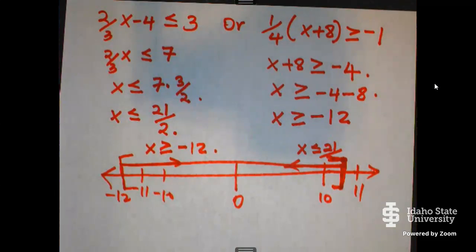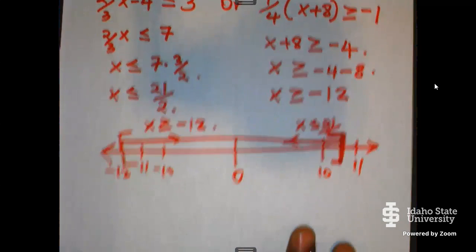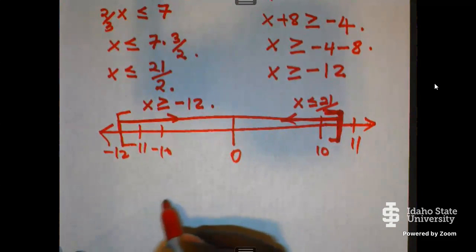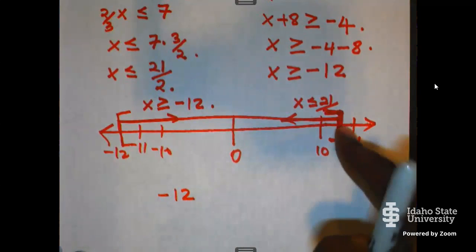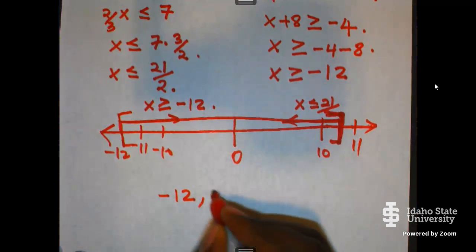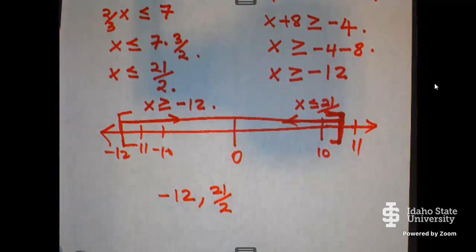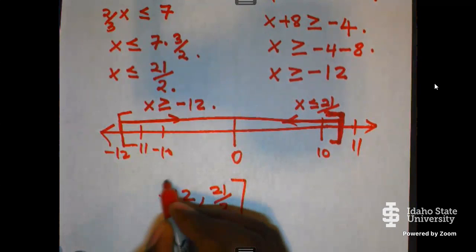Yeah, there's no bridge, it's connected. So you would just use negative 12. Now our interval notation will be what? Negative 12, and then this one will be what? 10.5, 21 over 2.